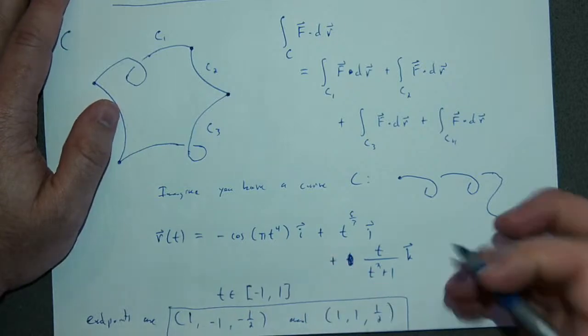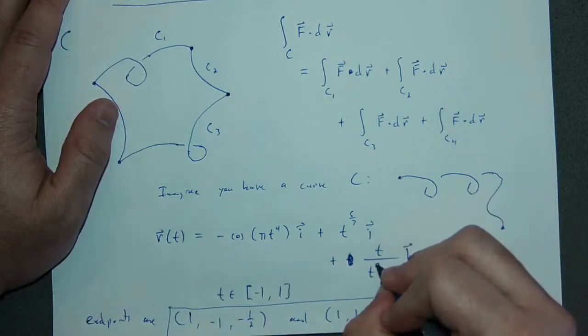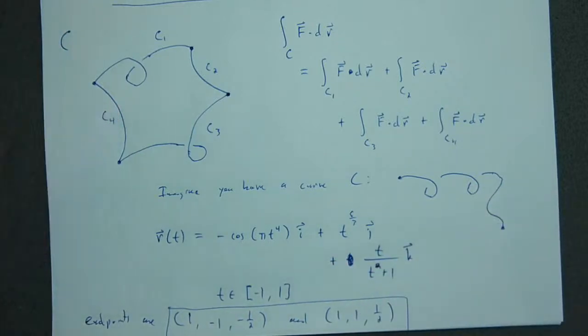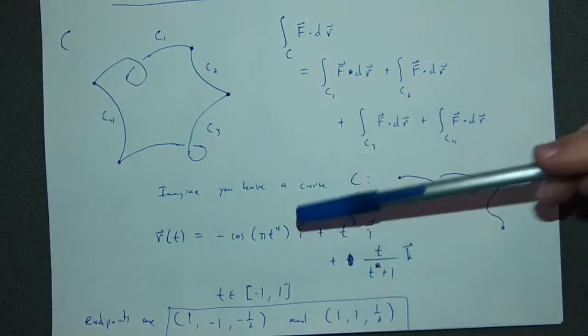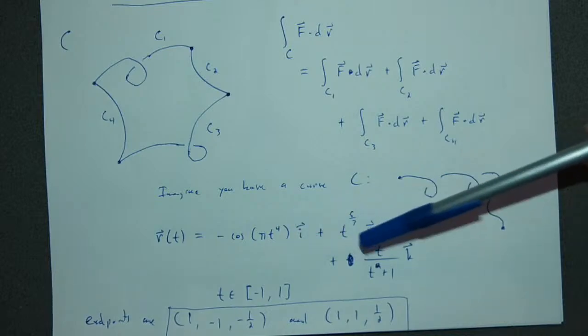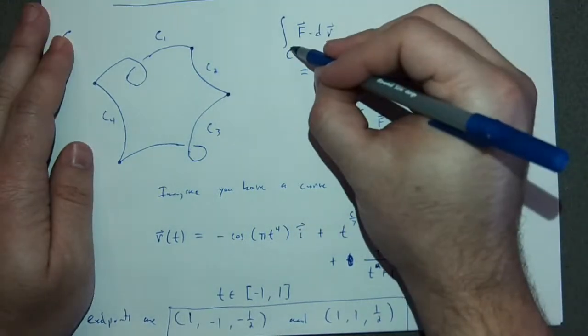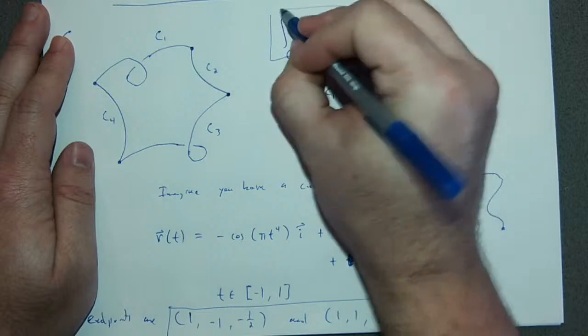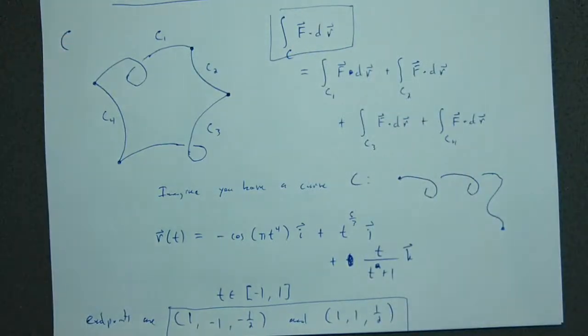Here's the parameterization. But this is a pretty nasty parameterization. So imagine what you would be doing when you compute the line integral, the integral over the curve C of f dot dr. Well, let's just remind ourselves.